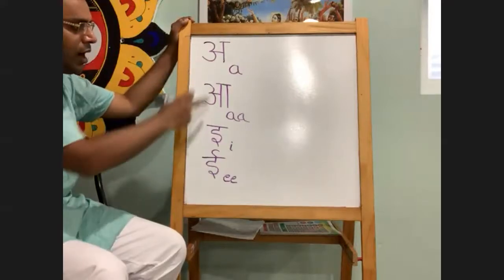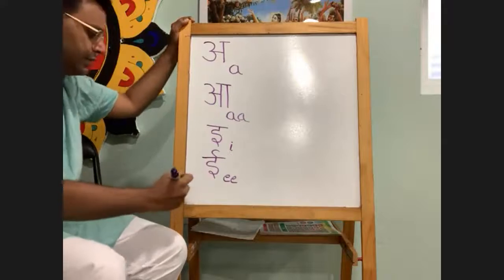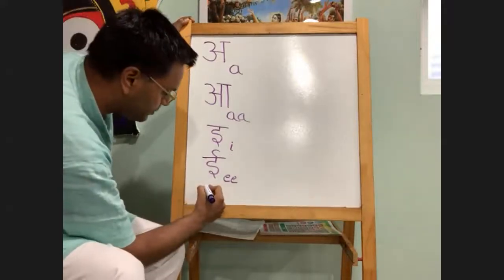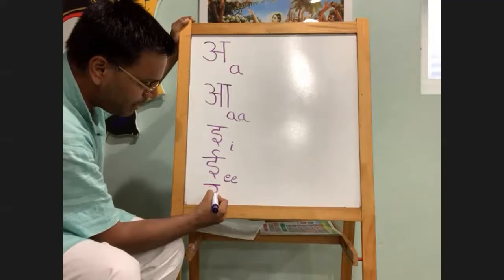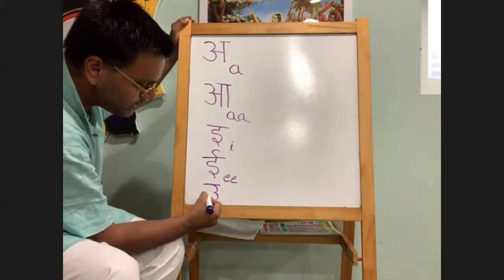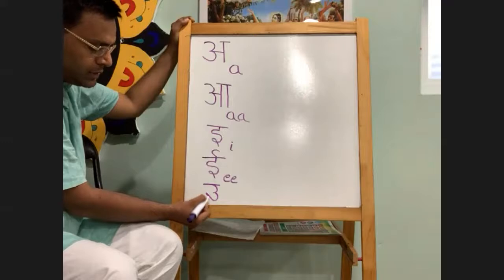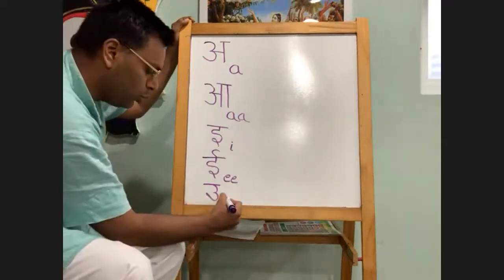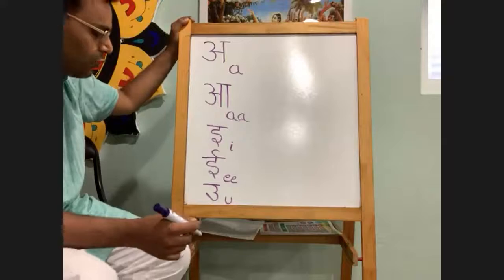So a, aa, i, ee, then u. A straight line and like a number 3 that goes a little on top. This is the sound of u, like in 'look', 'hook'. And then oo, the stretched sound of u.